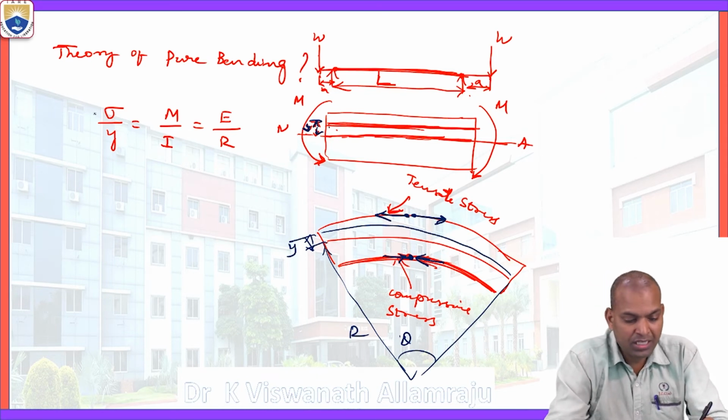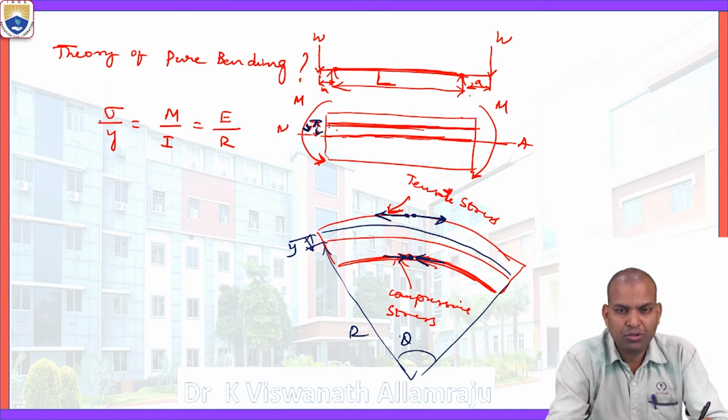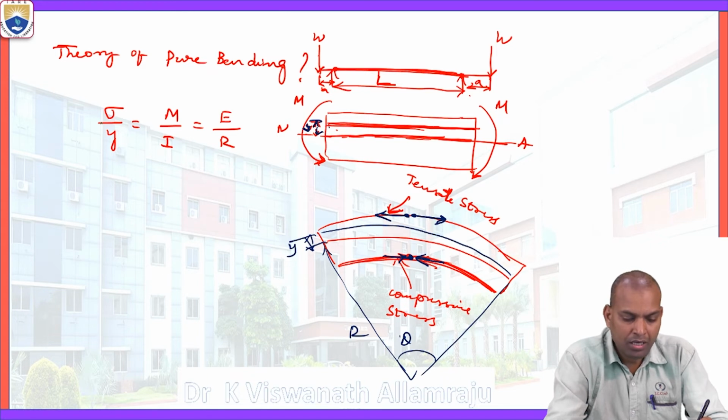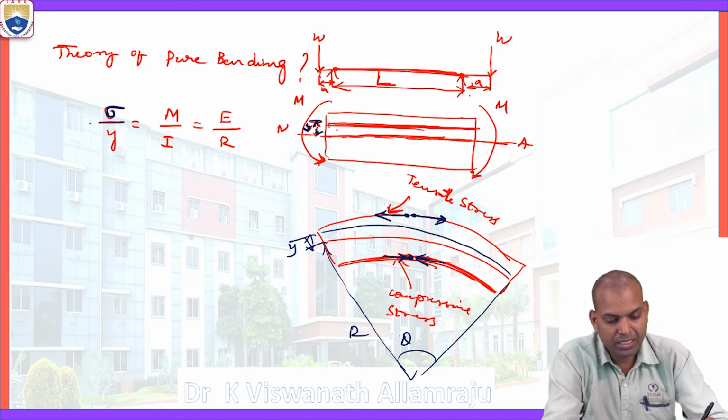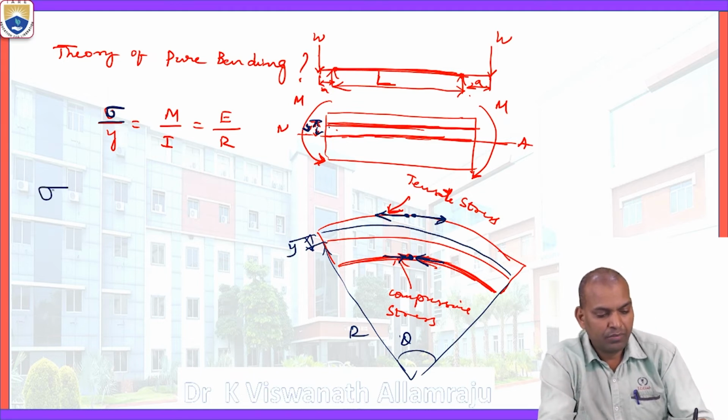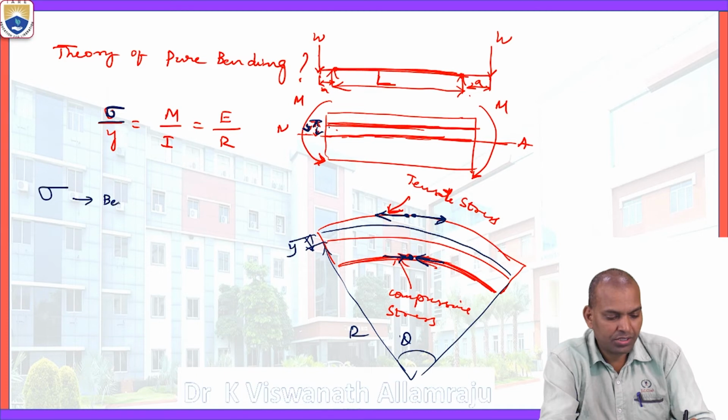The design zone is that the load should act within the elastic limit. Otherwise, if the load acts beyond the elastic limit on the material, it yields permanent deformation. Now, what is sigma? Sigma is the bending stress.